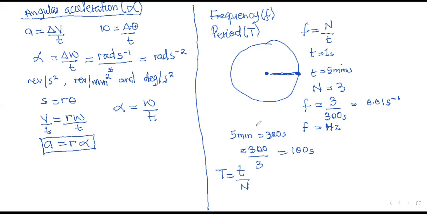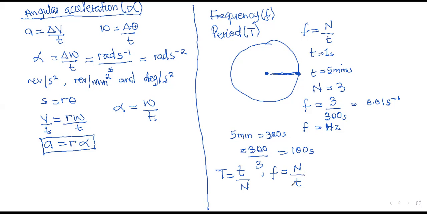Okay, and frequency, on the other hand, is equal to the number of complete revolutions divided by the time. Class, what is the SI unit of period? What do you think is the SI unit of period?